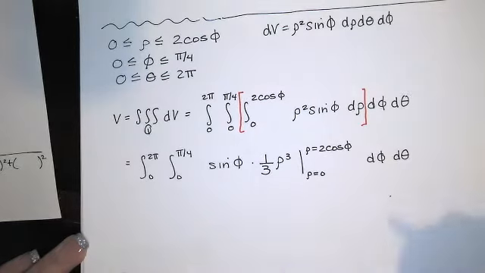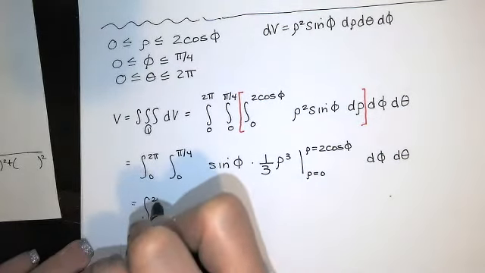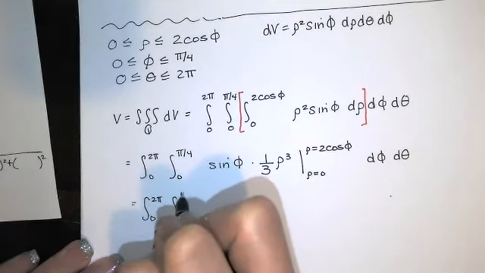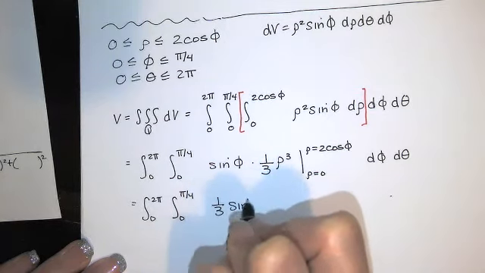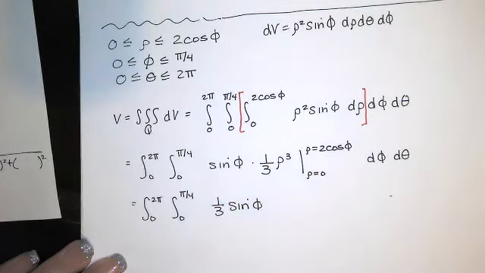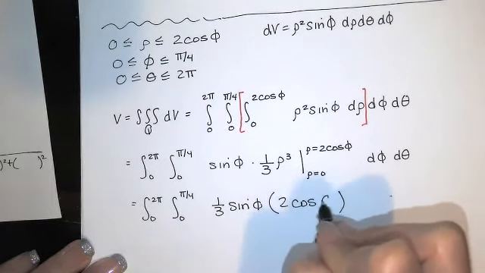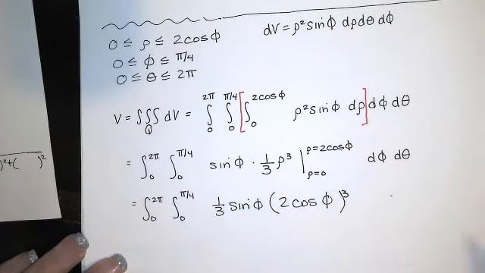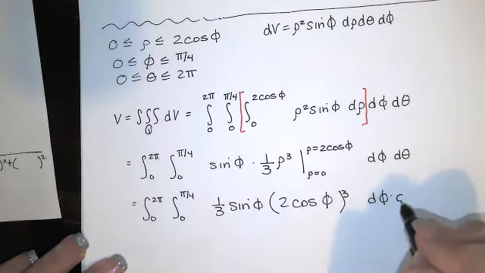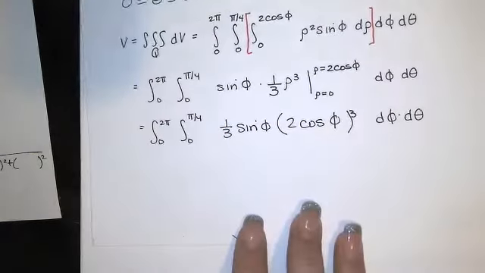So we anti-differentiate with respect to rho, and then we use the fundamental theorem. So I've got 1/3 sine of phi, and this will be 2 cosine of phi, quantity cubed, minus this expression evaluated at 0, which is 0. And then we integrate with respect to phi and then theta.